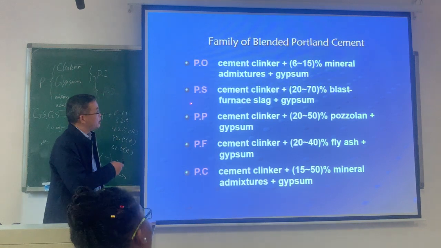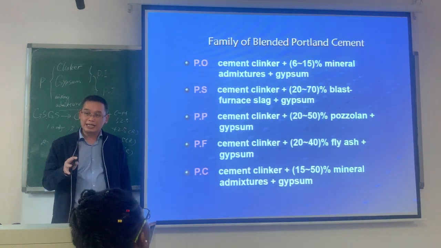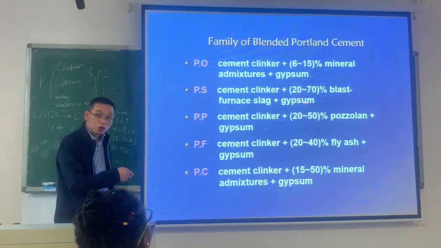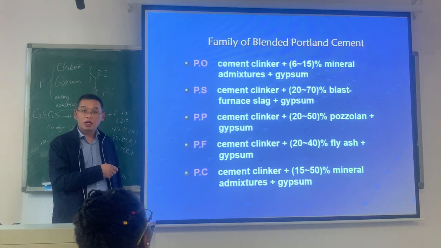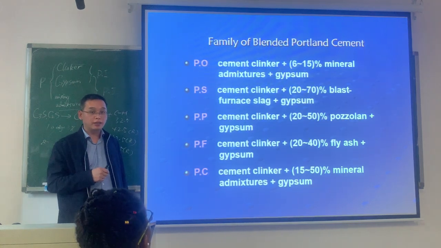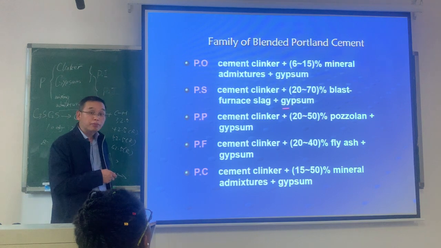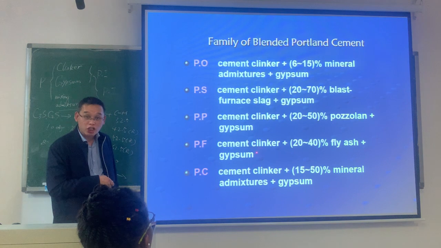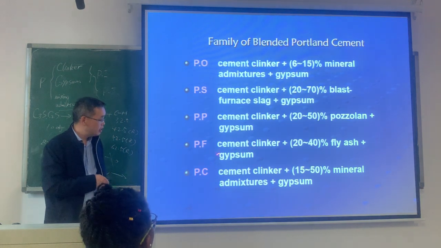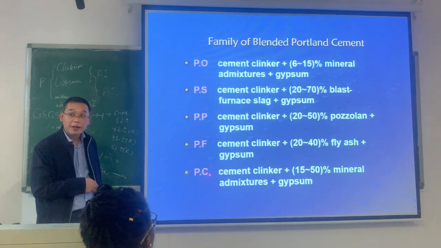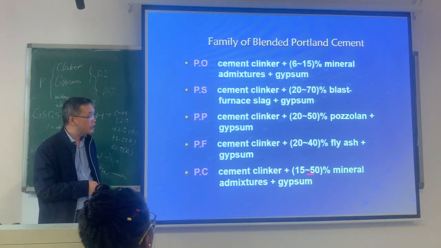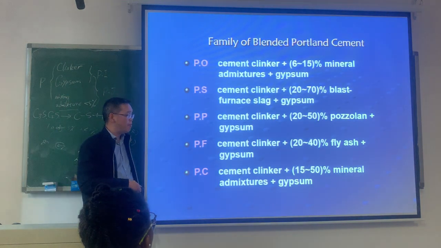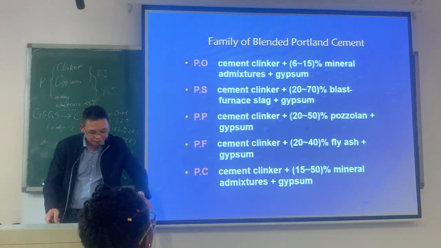PS means slag Portland cement, because we add 20 to 70% of slag into the Portland cement. PP is pozzolanic Portland cement. PF is fly ash Portland cement. PC is composite Portland cement, where we can add one, two or more kinds of mineral admixture.